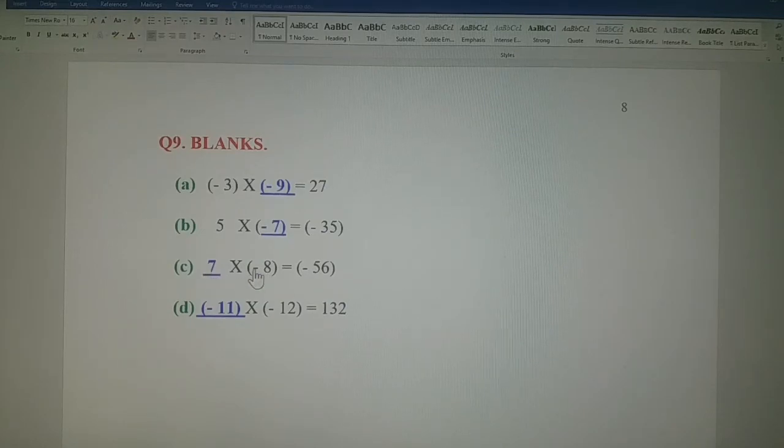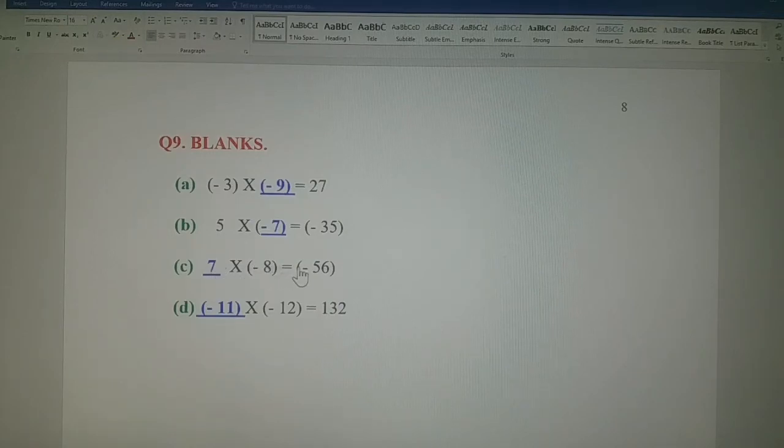But we also have to decide the sign. Now the answer is having a negative sign, that is minus 56. And 8 is having a negative sign. If both are negative and same sign, that means the answer should become positive 56. But here the answer is negative, so one is positive and one is negative.